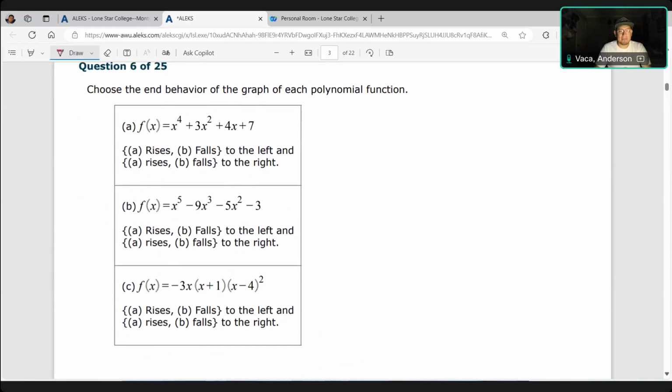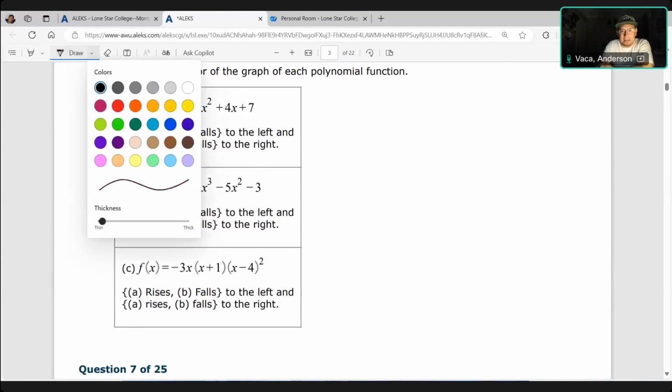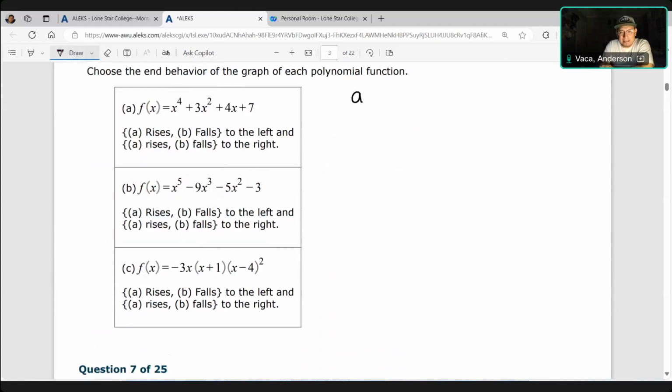Alrighty then, let's see what else is going on here. Choose the end behavior. You remember when we talked about a polynomial, I said it is a sum of terms, dot dot dot. When we want to talk about the end behavior, we really want to focus on the leading coefficient.